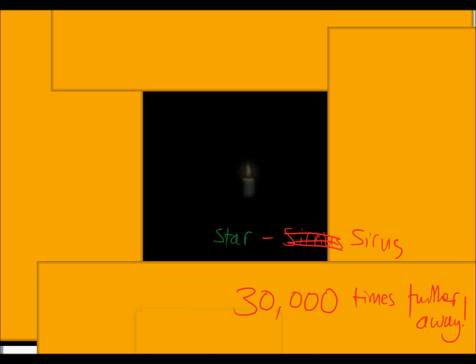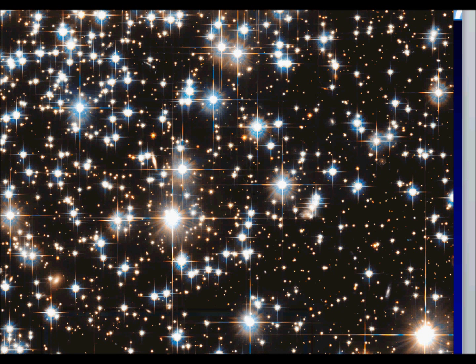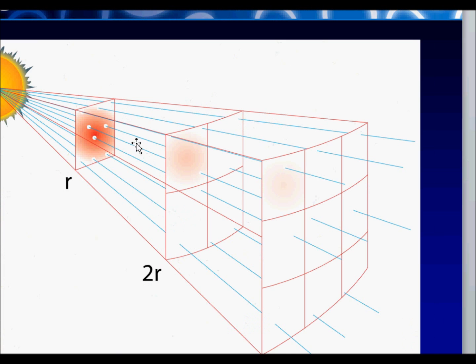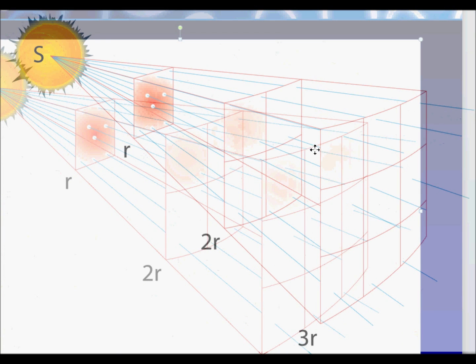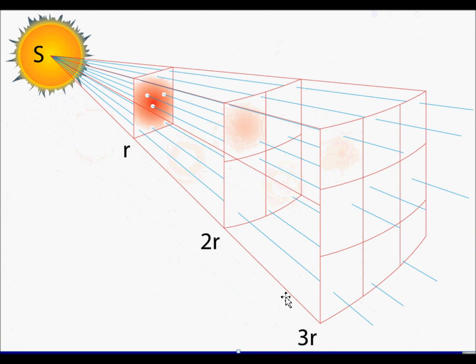Now, how was he able to do this calculation? Well, this was the sort of idea that he was working on. It's the idea that as light comes from a source, it spreads out over an area. So if you're a distance r away, it takes up a certain amount of area.